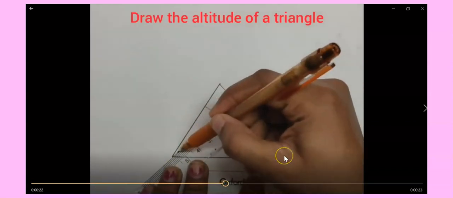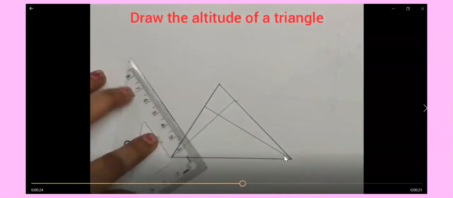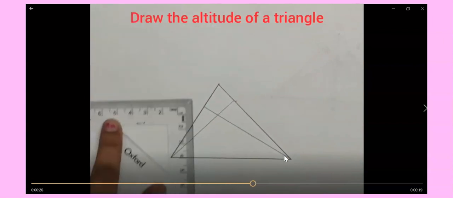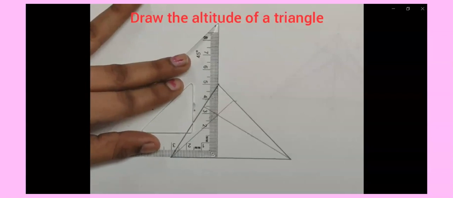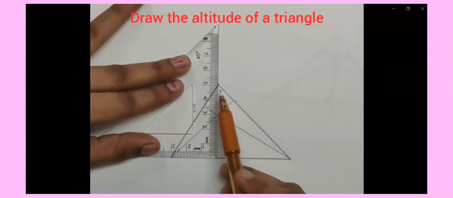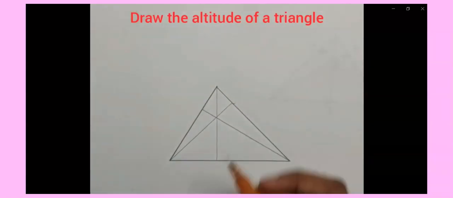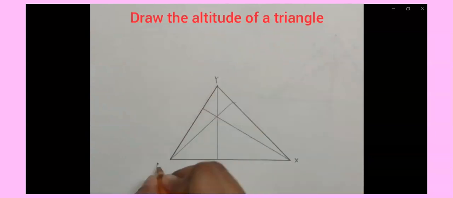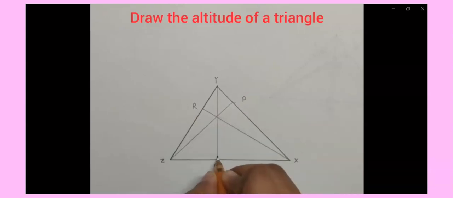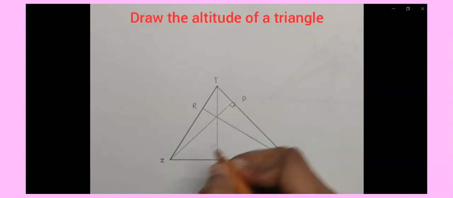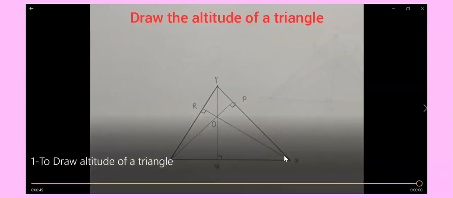Make sure of this. And in this way all the altitudes are drawn and meet at a single point, that is called the point of concurrence.